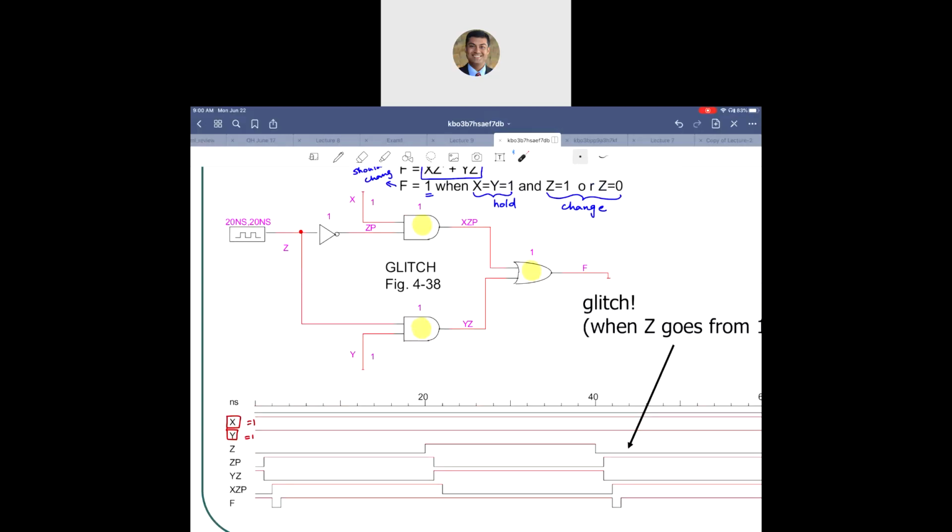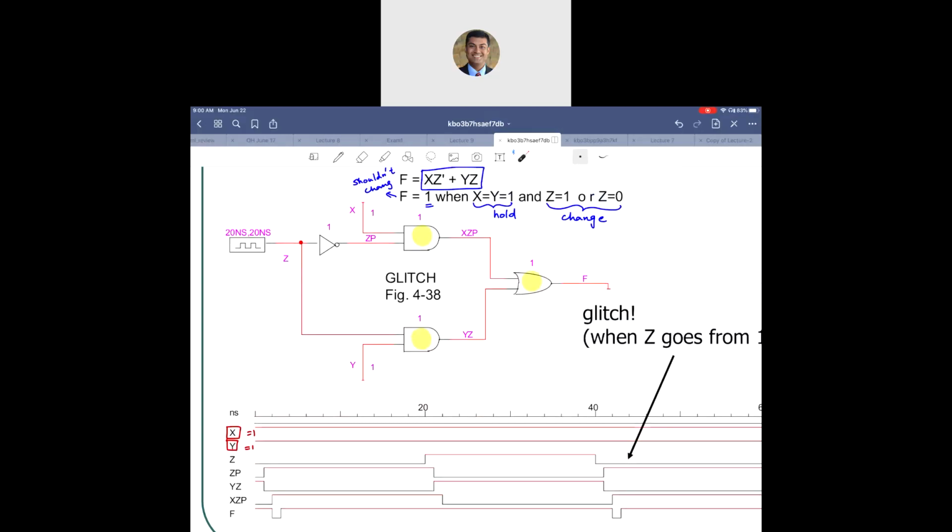And then if you go back here, X is 1, Y is 1. Over here, the product is what? This is X and Z complement. Over here, the product is Y and Z, because this is Z and this is Z complement, or Z prime. The P stands for prime. Z prime or Z complement, they are both the same thing. The complement of Z.